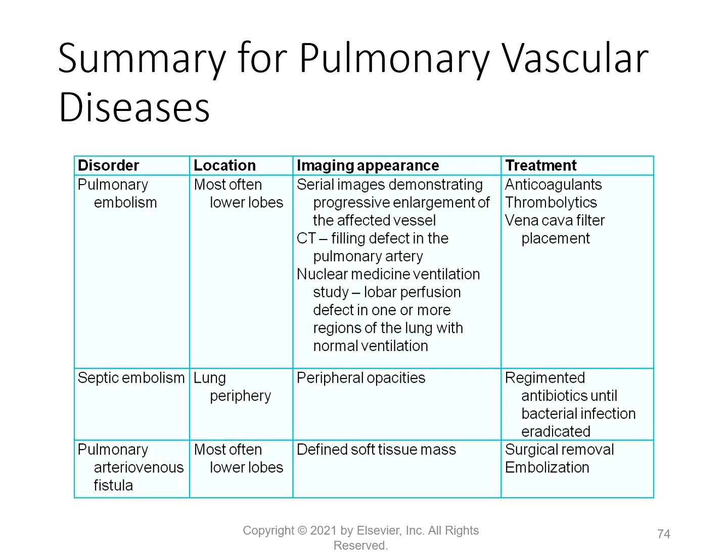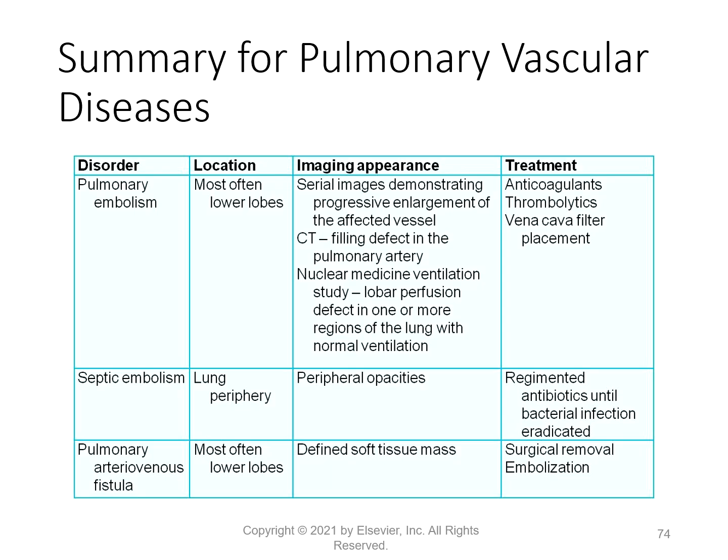So pulmonary embolism, that can most often affect the lower lobes. CT is going to be our best identifier of a pulmonary embolism. Nuclear medicine, as we looked at, can also help. And then serial images by X-ray showing progressive enlargement of an affected vessel because it's backed up can also demonstrate the possibility of a pulmonary embolism.